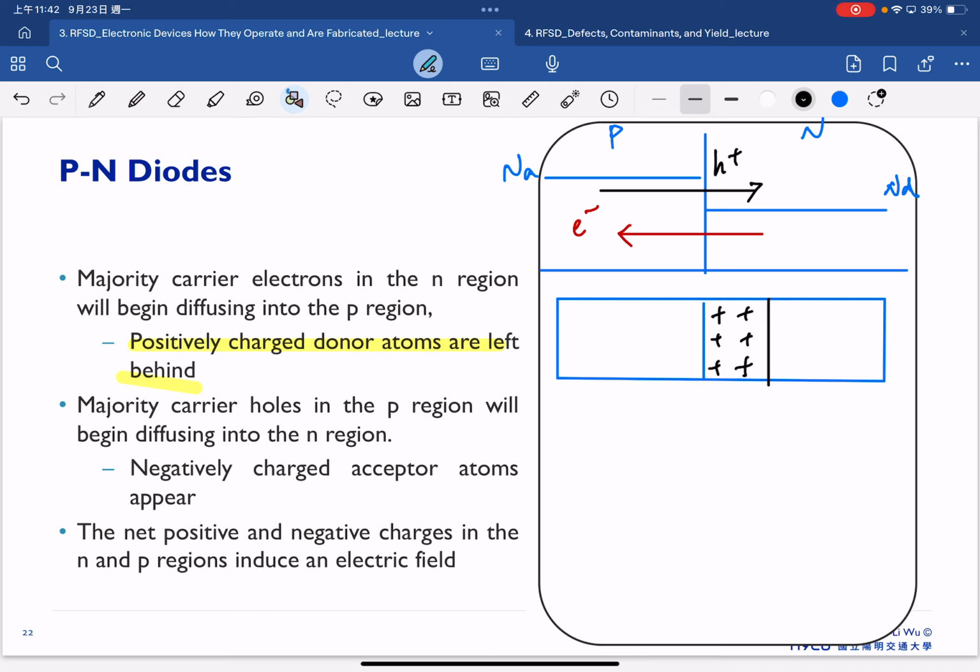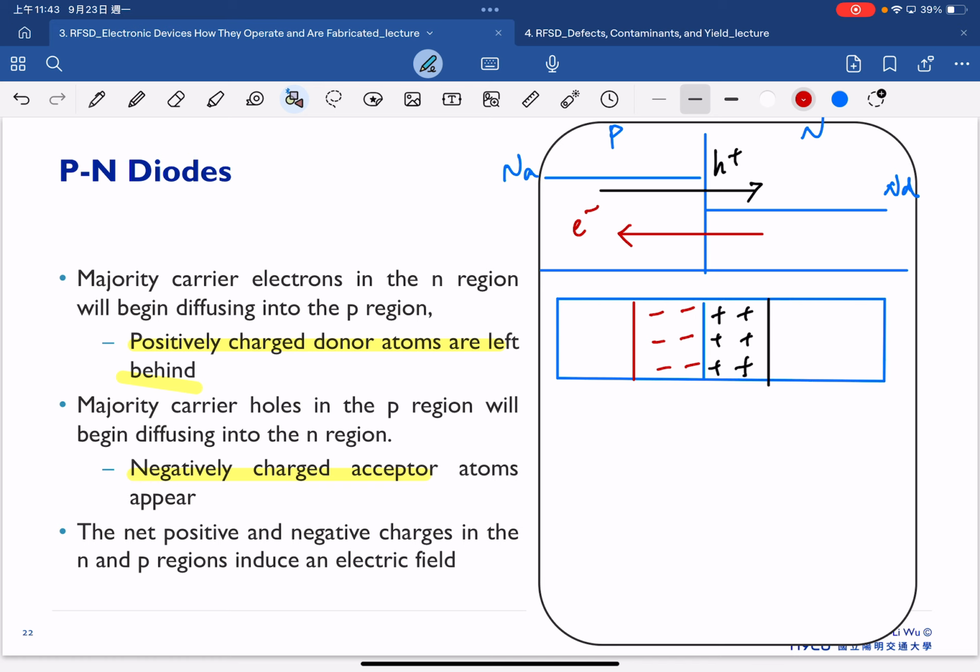Similarly, if holes flow from the left to the right, we can expect negative charged acceptors to appear. So due to this diffusion, on the right hand side there's a positive charge, and on the left hand side there's a negative charge.